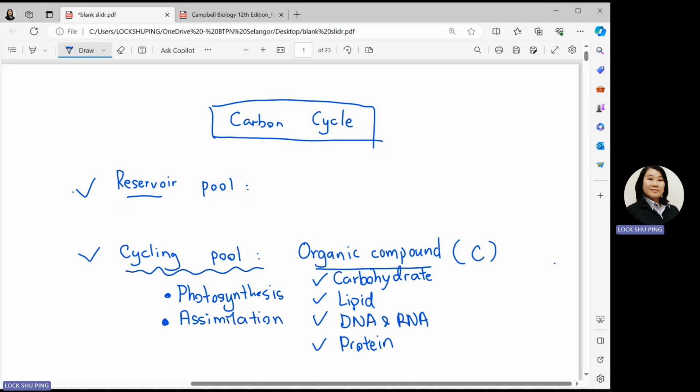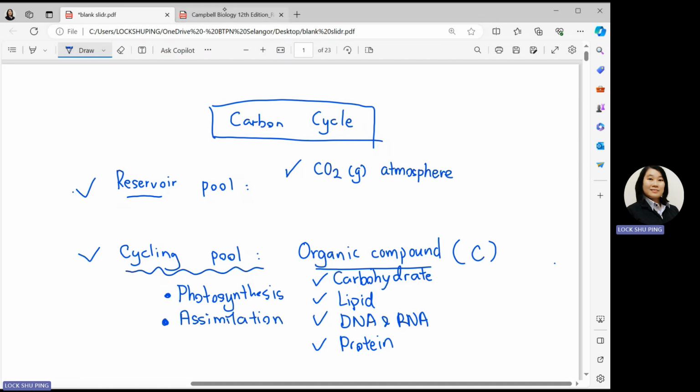Then the reservoir. The main reservoir for carbon is the carbon dioxide gas present in the atmosphere. Okay, this is the first and main reservoir that we know nowadays for carbon.